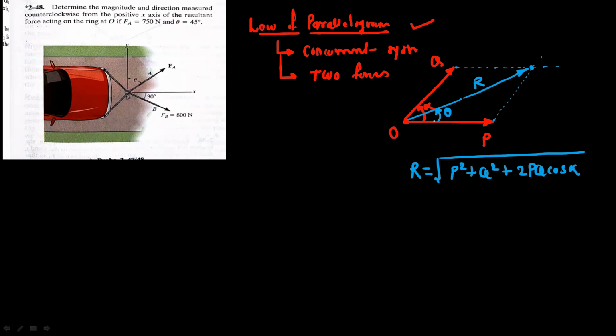Okay, alpha is the angle between the two forces P and Q, and the angle of the resultant, or we can say the direction, theta is equal to tan inverse.